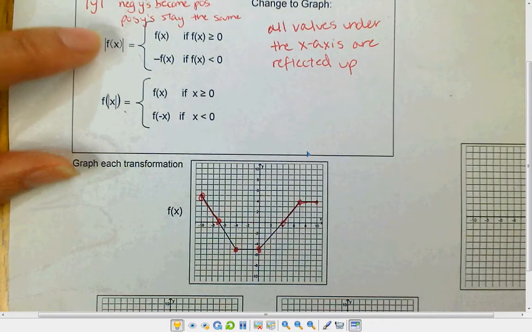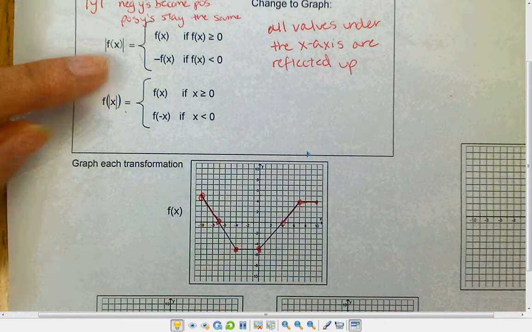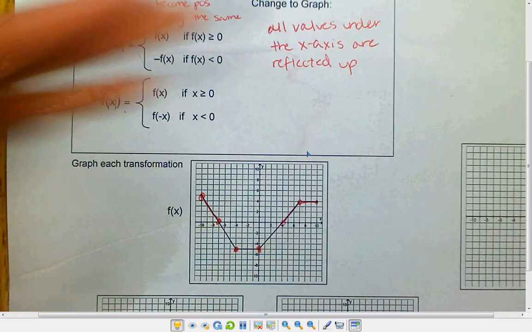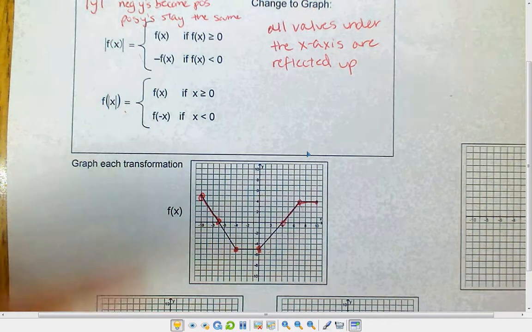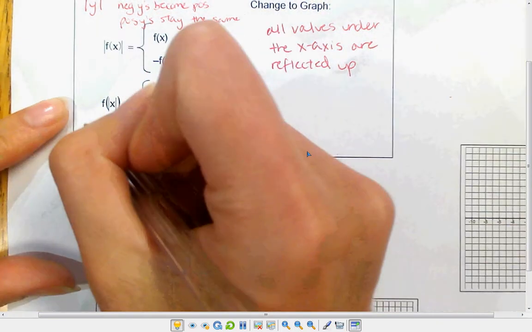Whenever you are affecting your y value, positive y's stay the same, and all the negative ones become reflected above the x-axis. Now let's look at what happens if you take the absolute value inside of your function.